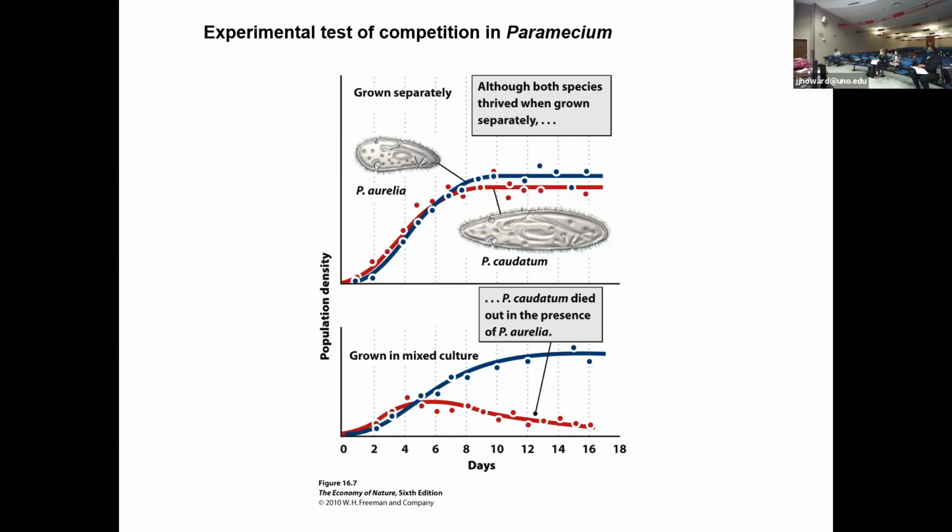The niches of these two Paramecium are so similar that they cannot coexist. And Aurelia has a small advantage over Caudatum. I think in this case, it's the reproductive rate. And any small advantage in this situation will cause one species to competitively exclude the other. So here's an experimental demonstration of competitive exclusion.